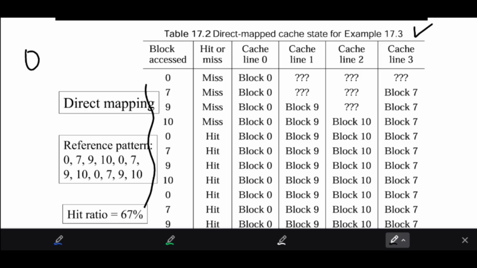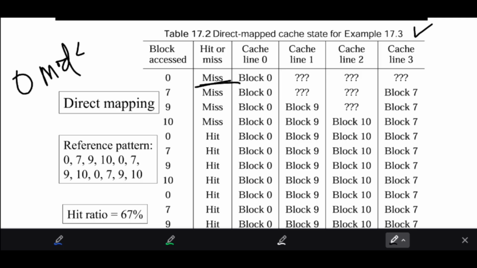Then if the CPU is requesting the zeroth block, there will definitely be a miss. Then block 0 is loaded to which cache line? We compute zeroth block mod 4, which is equal to 0. So in the zeroth cache line, block 0 is loaded.